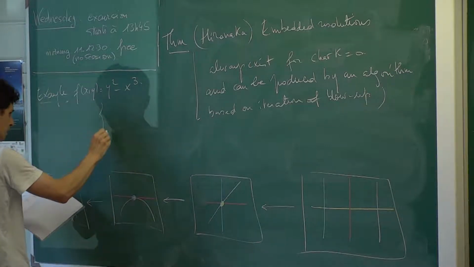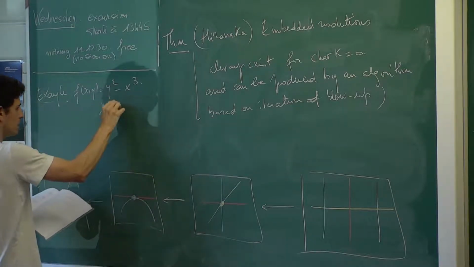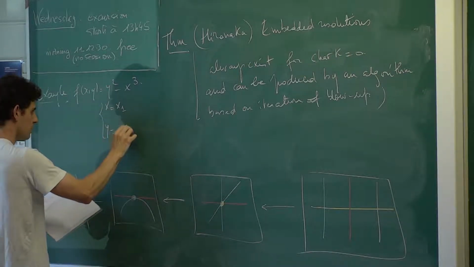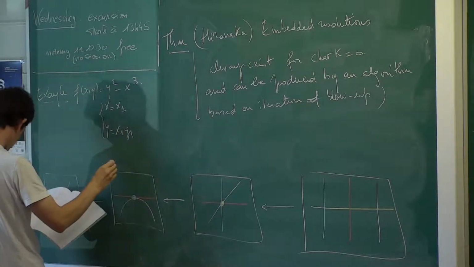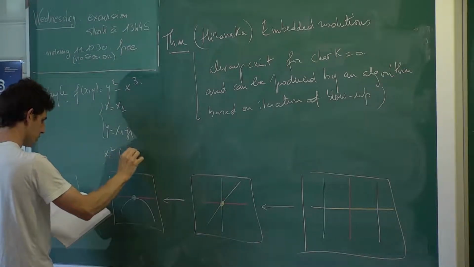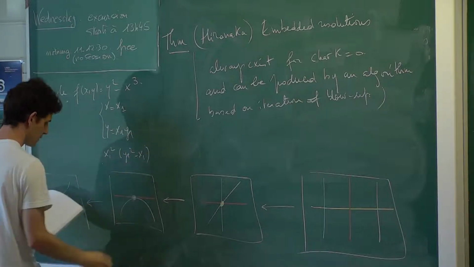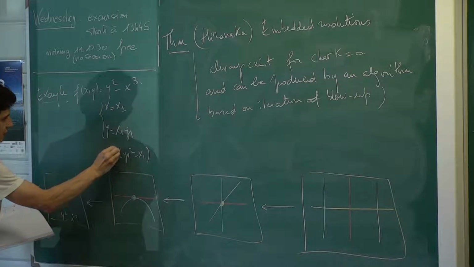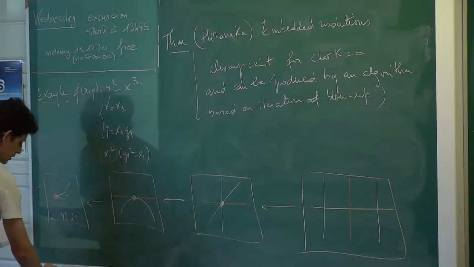Here, the blow-up is given by this change of coordinates, and you have x1 squared, y1 squared, y1 minus x1. I just work in that chart because in the other chart we see nothing.